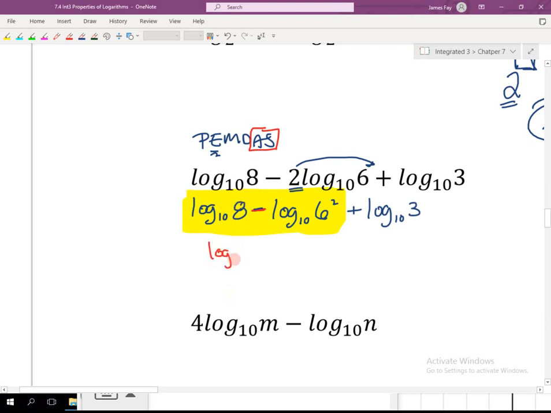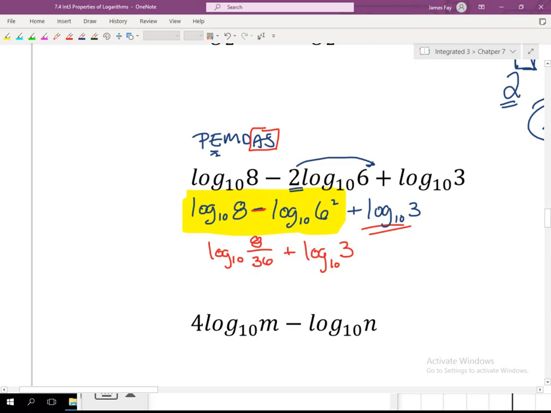Division, good. So we got log base 10. This is going to be 8. If you want to change it to 36, you can. But 8 over 36. Okay? Now, you'd have log base 10 of 3, because that's this part here. I'm just bringing that down.